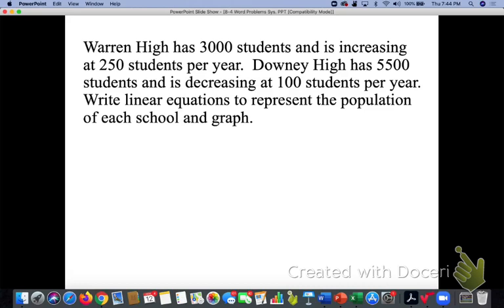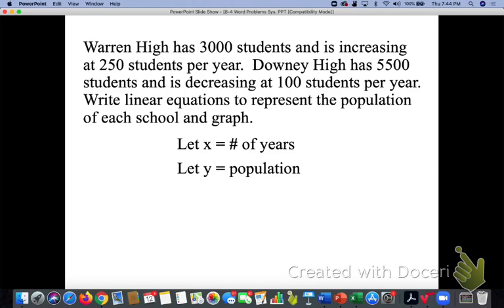Really, our population depends on the year. My hint to you is that time is usually your x, your independent, and here the quantity we had at the school depends on the year. So we're going to start with x equal to the year, and y the population. I want you to pause the recording and see if you can come up with these two equations.